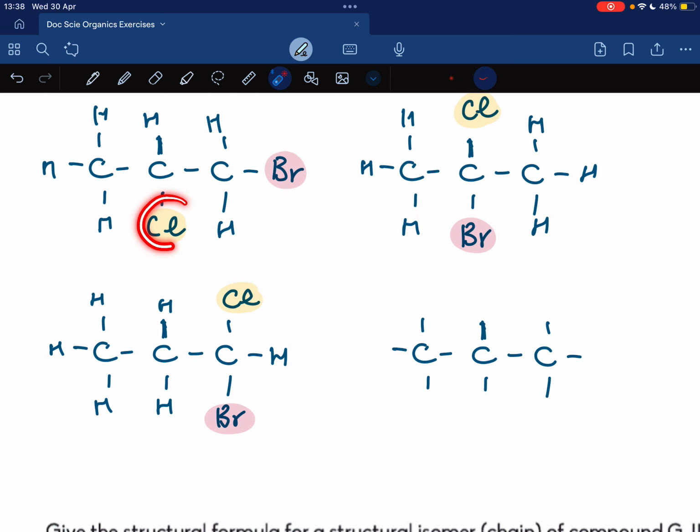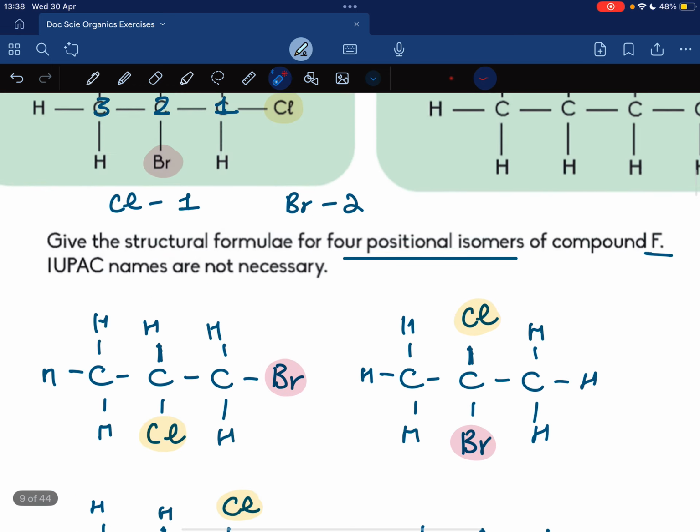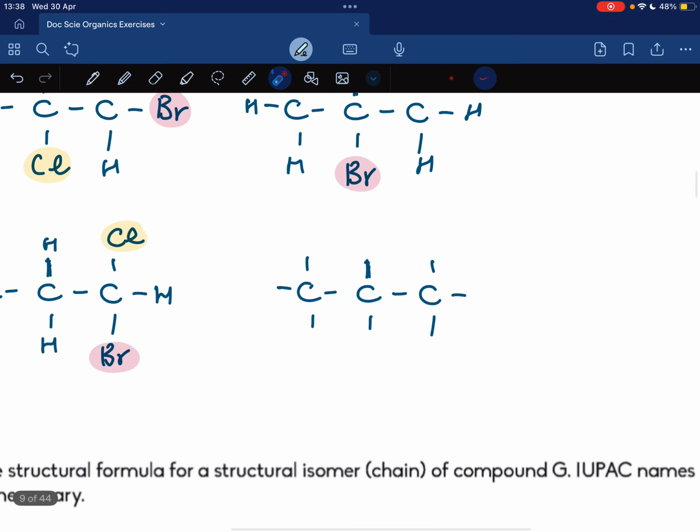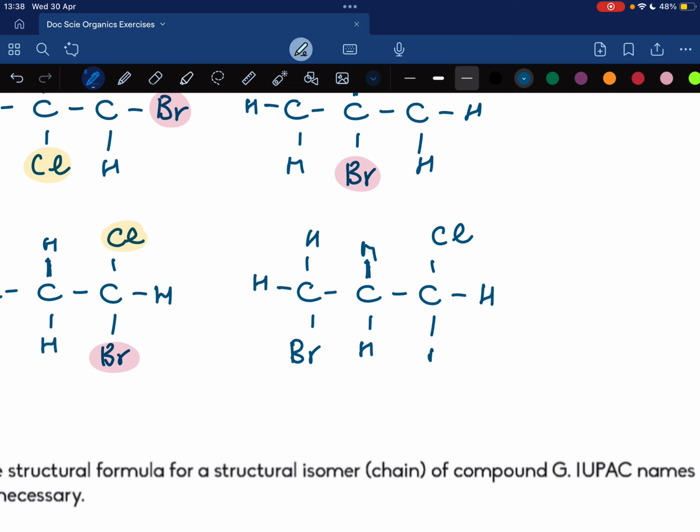We've done one in the middle, one on the side, and then one in the middle, one on the side. But what if we put them both on opposite sides? That could be an isomer. So if I had Cl on this side and Br on that side, there I've created a fourth isomer.